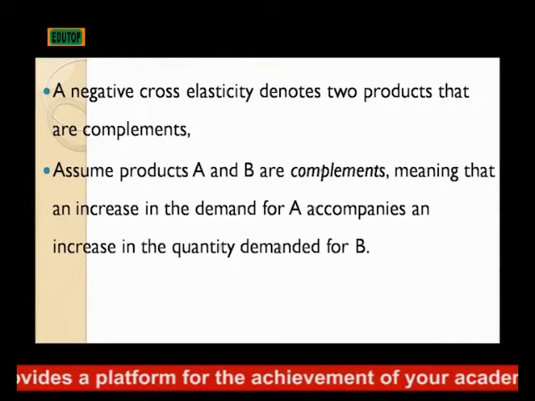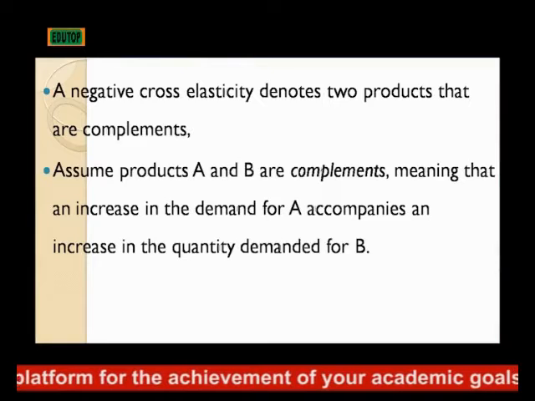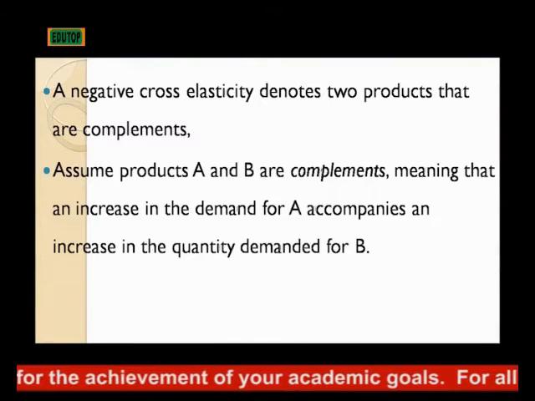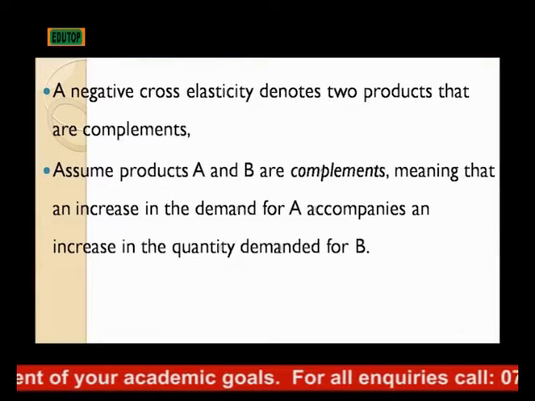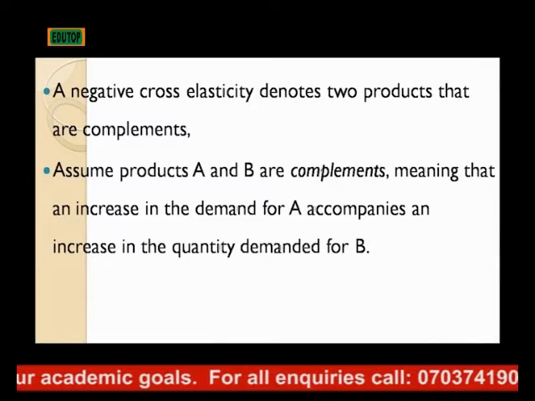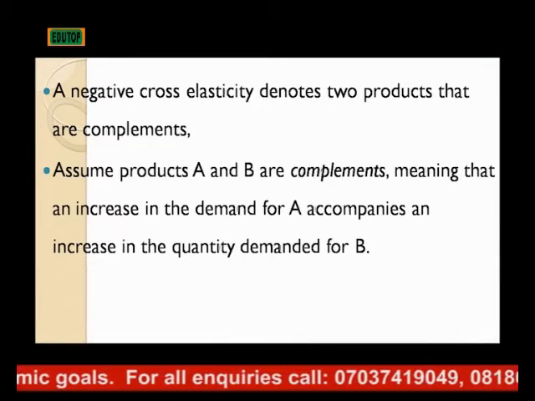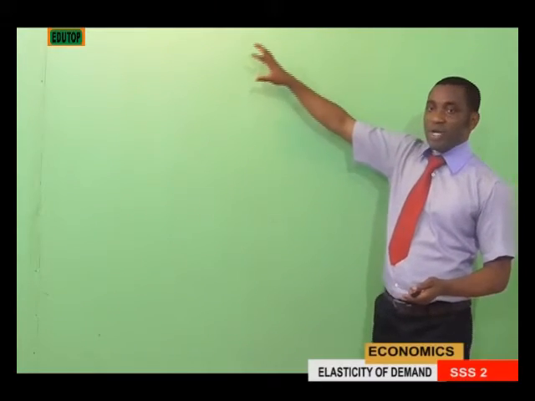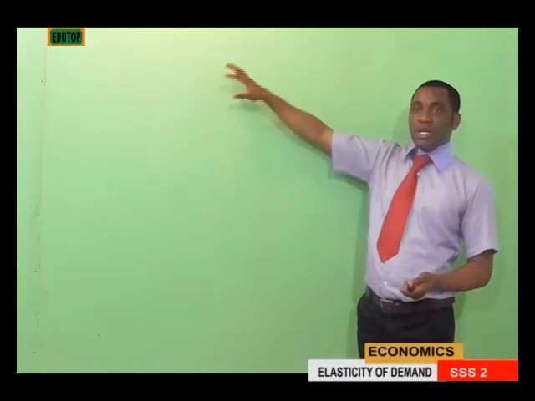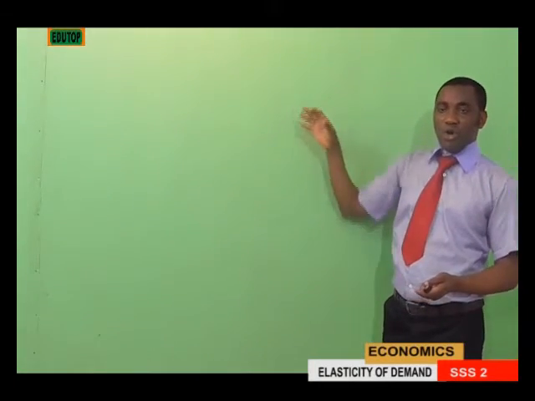Assume products A and B are complements, meaning that the two can be used together. Without A, B is useless. Without B, A is useless. That is the example of complement goods. And in that case, we say we have a negative cross price elasticity of demand.